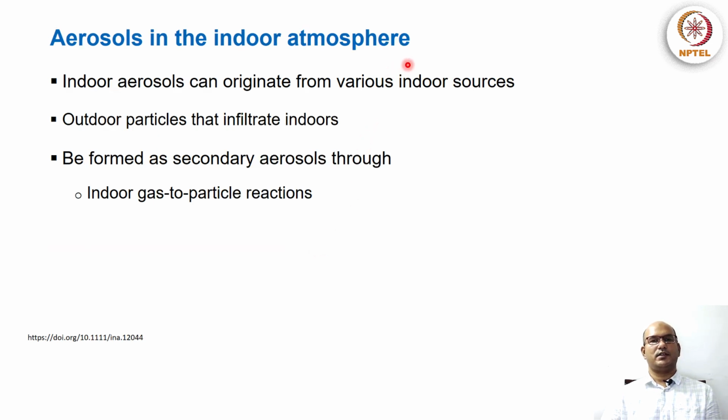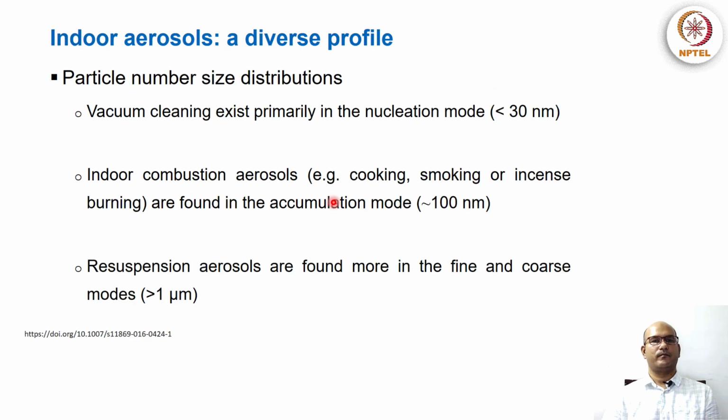Now, aerosols in the indoor atmosphere can originate from various sources. Also, as we saw, outdoor particles can infiltrate, and then they can also be formed as secondary aerosols through indoor gas to particle or gaseous phase reactions. So, we will see now some profiles of different sources.